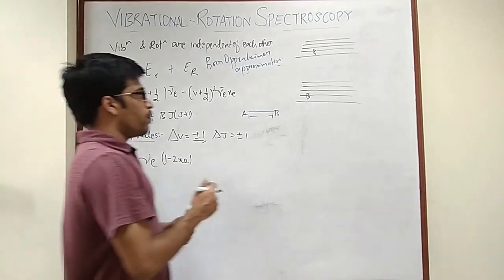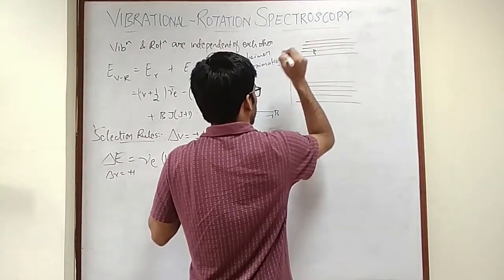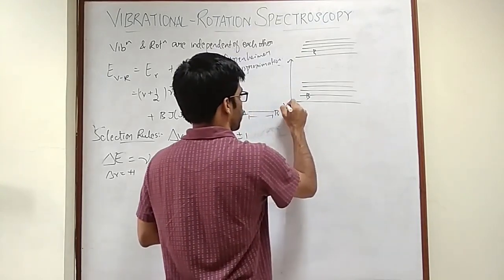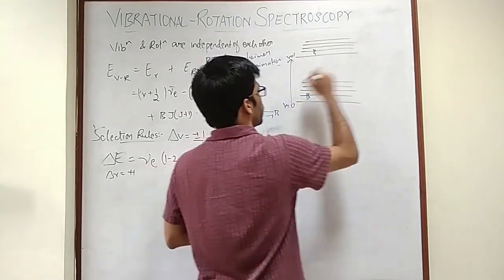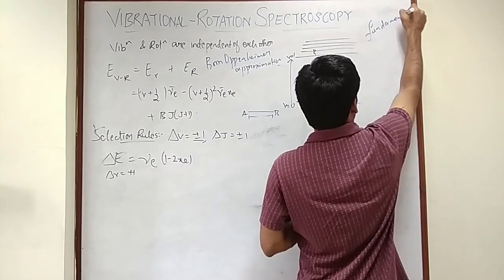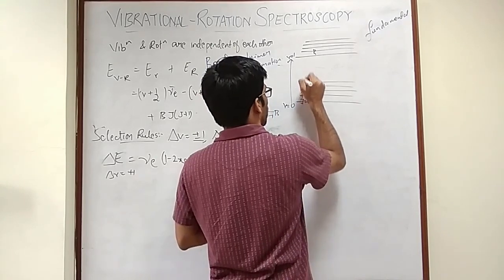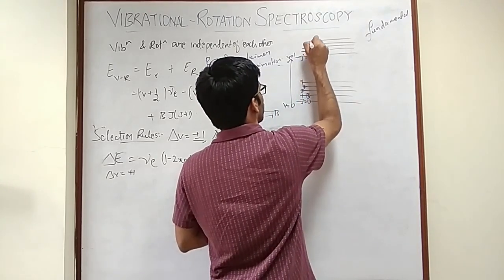Okay. Now, when we're talking about delta v plus minus 1, that means the transition can take place from here to here. Let's say this is v equals 0, v equals 1, and we are interested in the fundamental transition only. Let's say this is J equals 0, 1, 2, 3, 4, J dash equals 0, 1, 2, 3, 4.